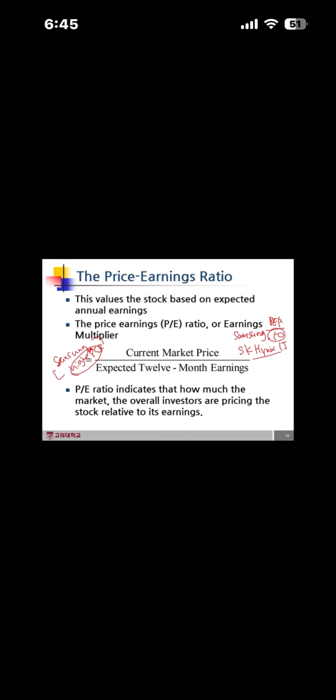So, although Samsung has a higher PER ratio, you cannot say that Samsung is overvalued. If Samsung's outlook is not really that good and the financial ratios are not that strong, but in this case Samsung has a higher price to earnings ratio, you can say that Samsung's multiple is overvalued.